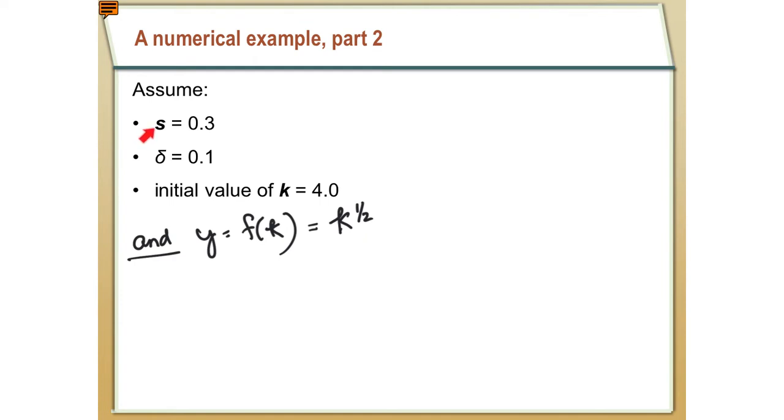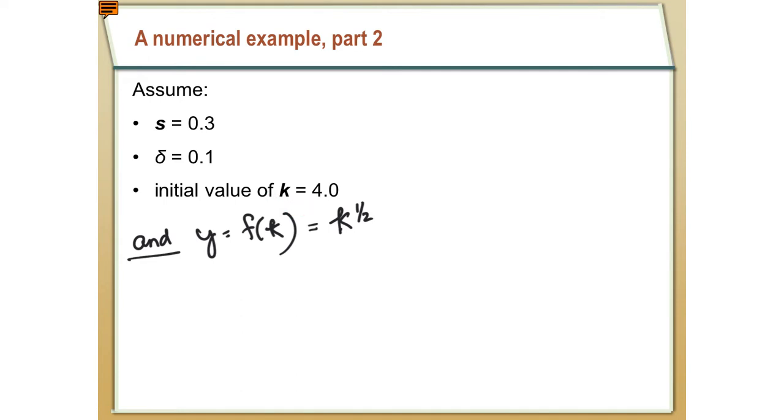We're now going to assume that the savings rate is 0.3, so 30% of our income is going to savings and investment. The depreciation rate delta is equal to 0.1, so 10% of our capital stock is wearing out each period. And our initial value of capital per worker is going to be 4 units.